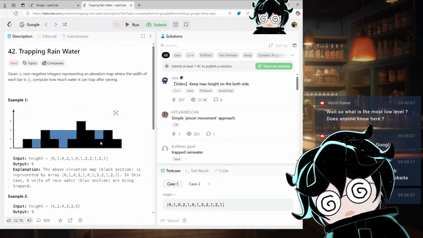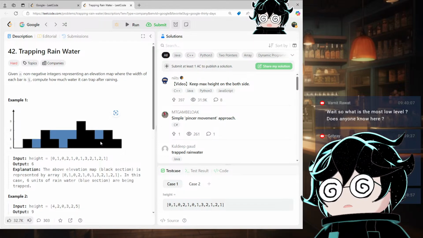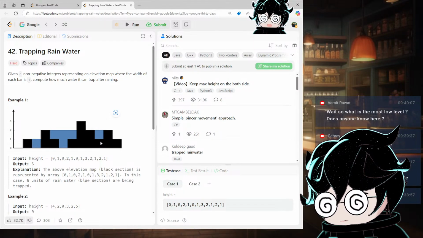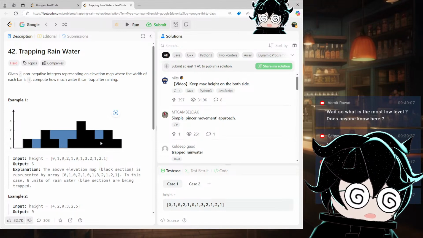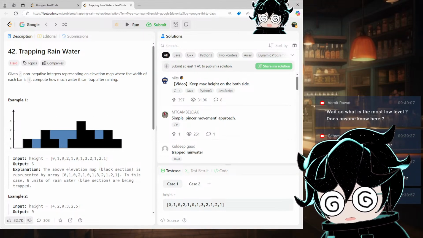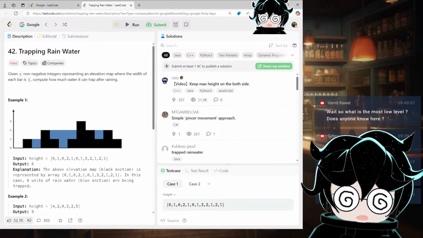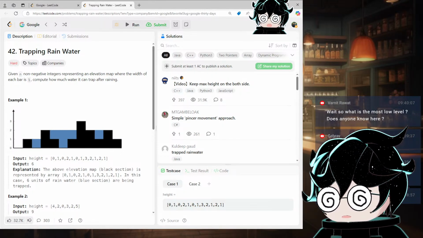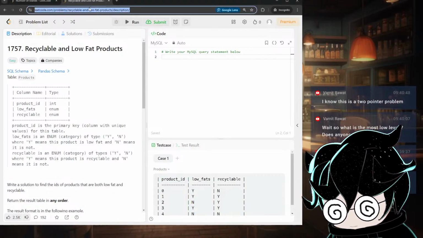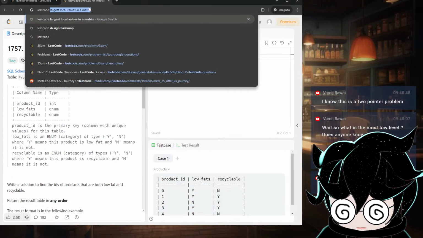Sure, you know what? Let's attempt this one. Leetcode 42. My brain is probably going to die after this one, but it's okay. This is Leetcode 42, okay.